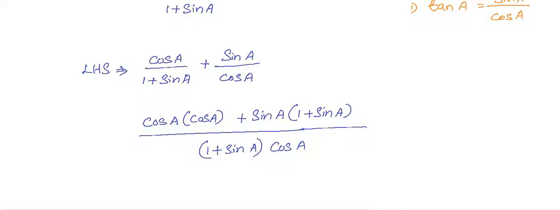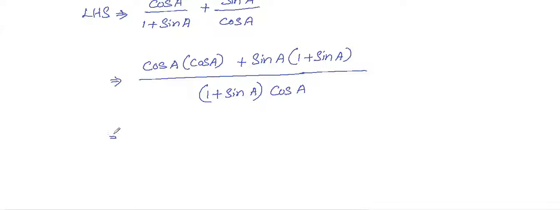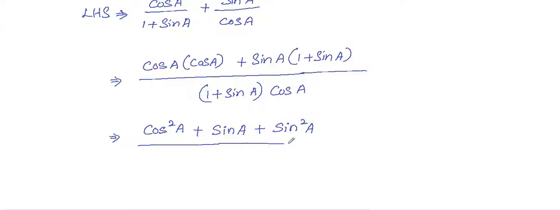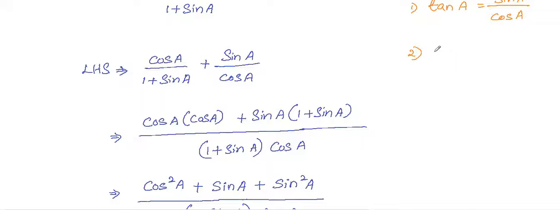So if we simplify this, cos A into cos A becomes cos square A. If you distribute sin A and 1 plus sin A, we'll get sin A plus sin square A, whole divided by 1 plus sin A into cos A. So here we have cos square plus sin square.